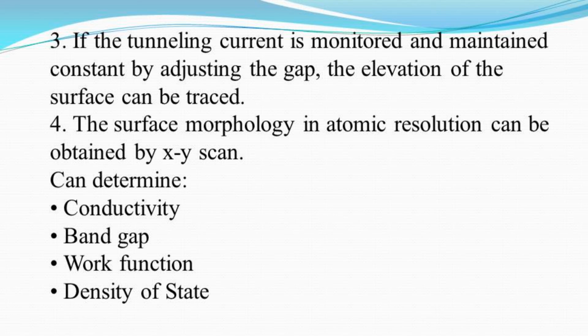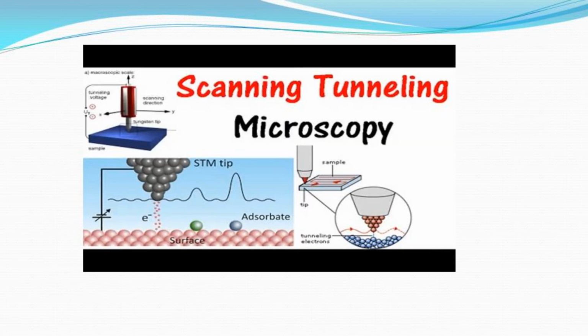The surface morphology in atomic resolution can be obtained by scan. So using this scanning tunneling microscopy, we can determine the conductivity and the band gap. This picture shows the image of the scanning tunneling microscopy.